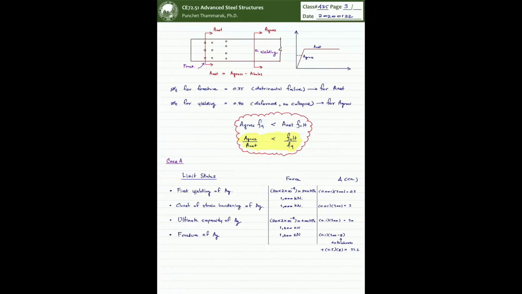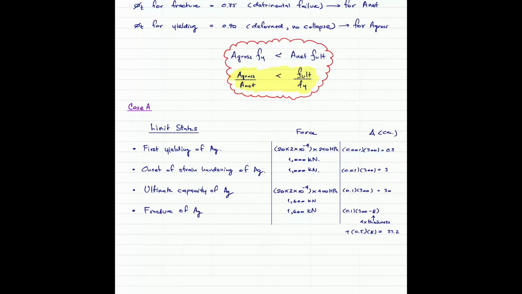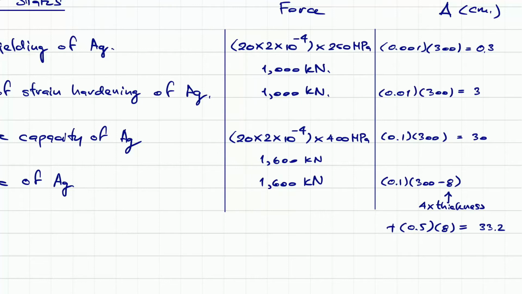Previously for case A, what was the maximum? 33. Oh, because necking occurs over a larger area for case A. No. We missed something. No, we don't. Why is this case?